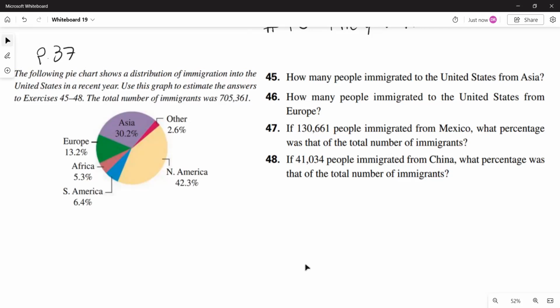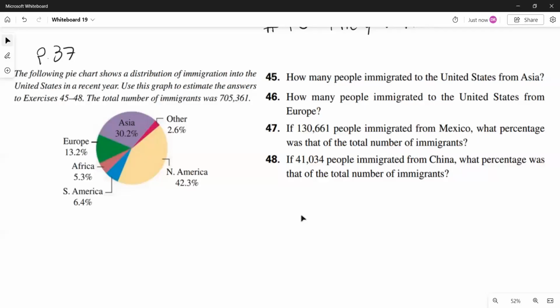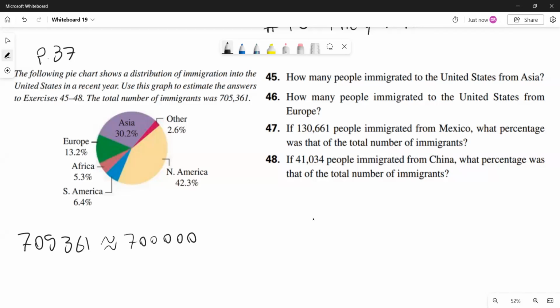The total number of immigrants was 705,361 people. So how many people immigrated to the United States from Asia? We're going to use compatible numbers. For 705,361, we're going to use a compatible number of 700,000.